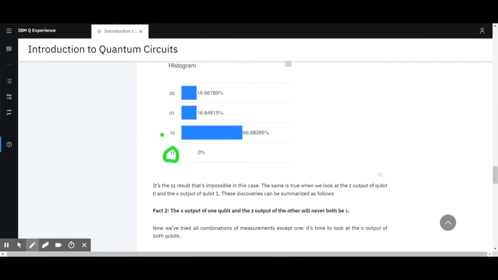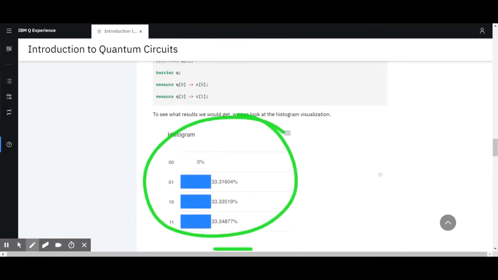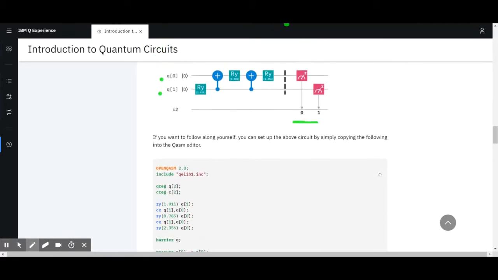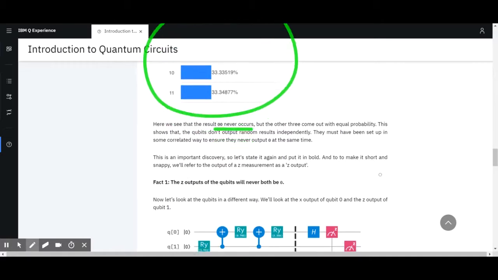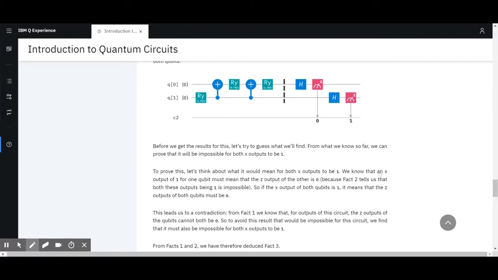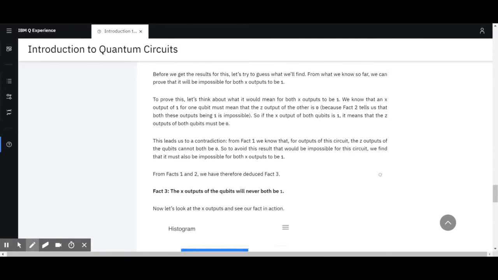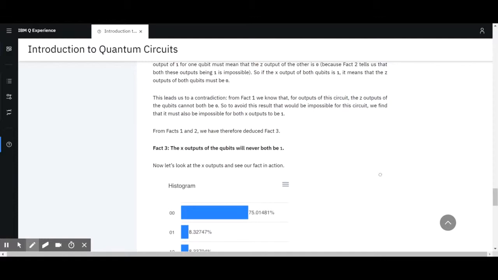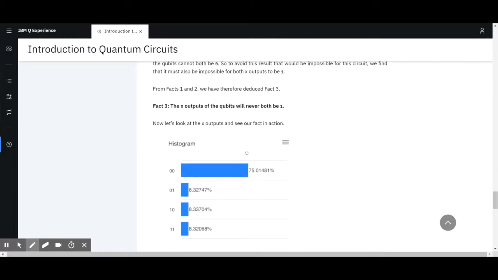I don't know exactly where they're going, but I think what this is trying to prove is that this is not just some kind of statistical programming, right? Fact 3, the X outputs of the qubits will never be both 1.